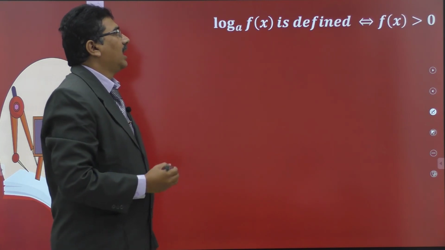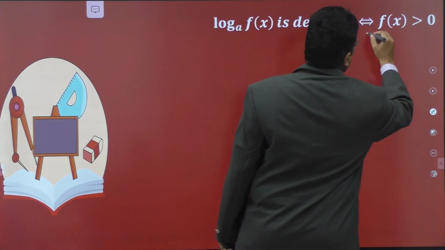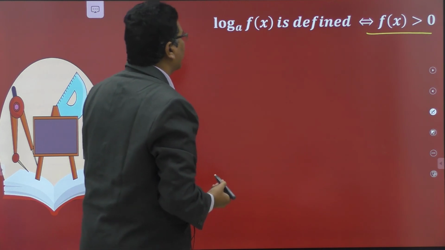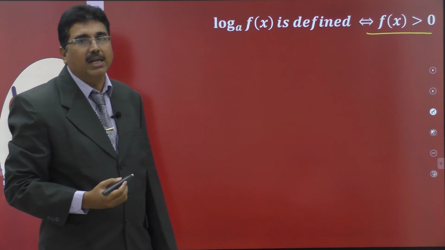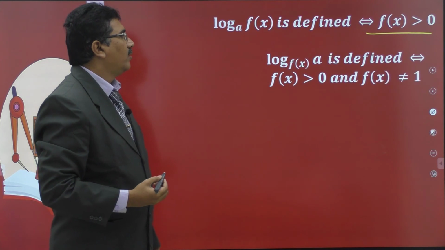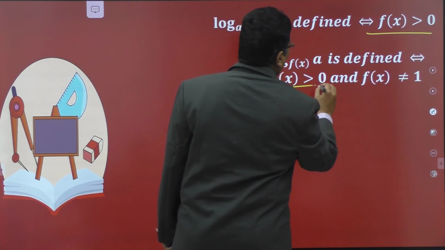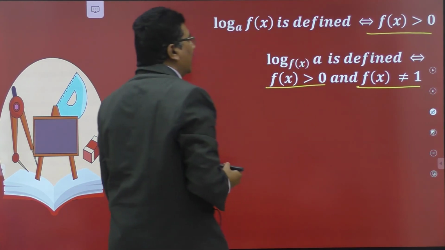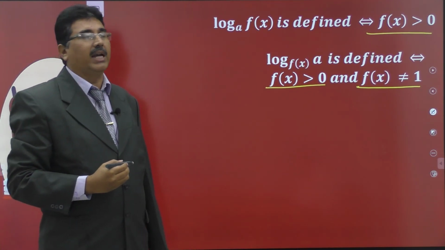Right? If f of x greater than 0, log f of x base a is defined. Here a is also greater than 0 and not equal to 1. Now, if f of x greater than 0 and f of x not equal to 1, then log a to the base f of x is defined.